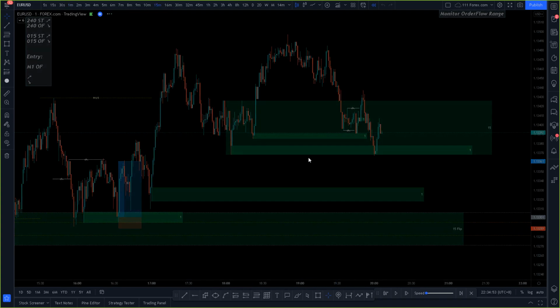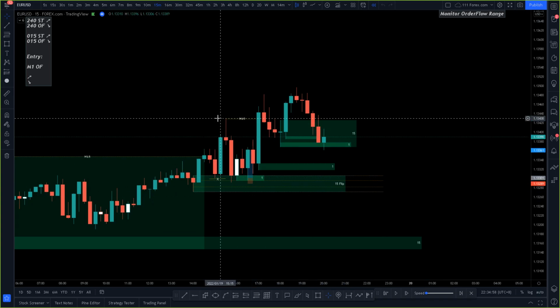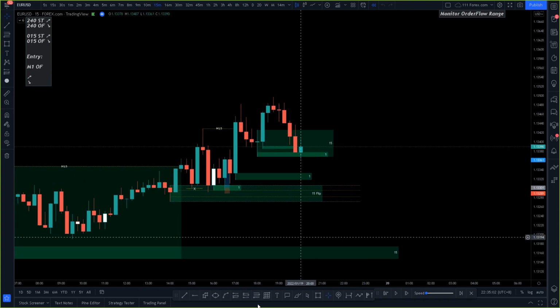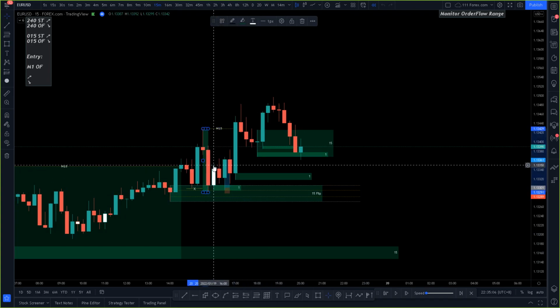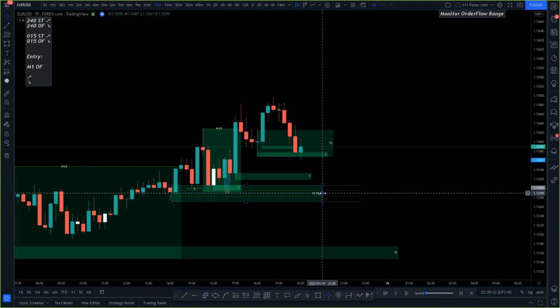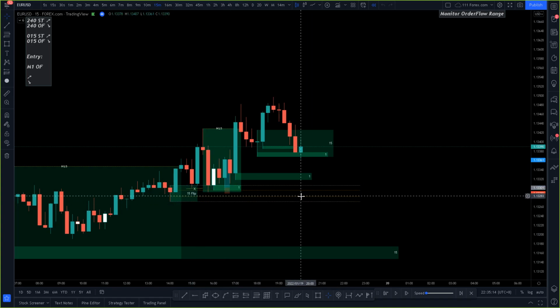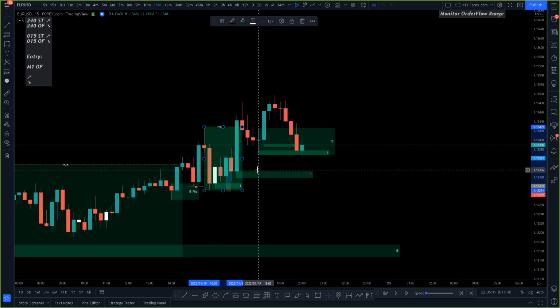So yeah, cool. So I was thinking like this was my latest sell to buy range, right? This is my sell to buy range that has broken the structure, and this is my new flip, right? Does that make sense?